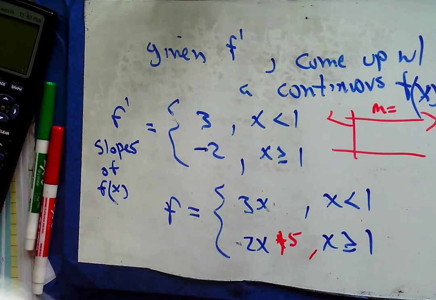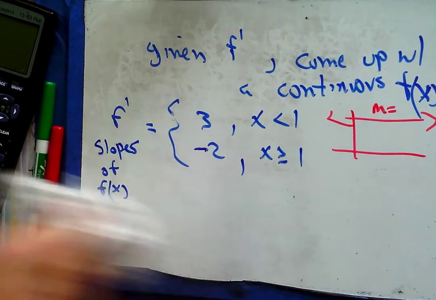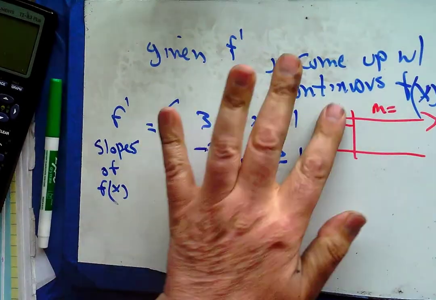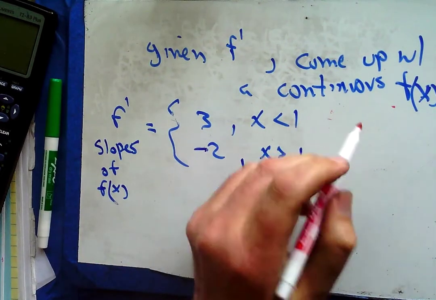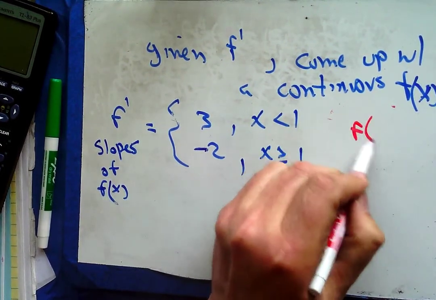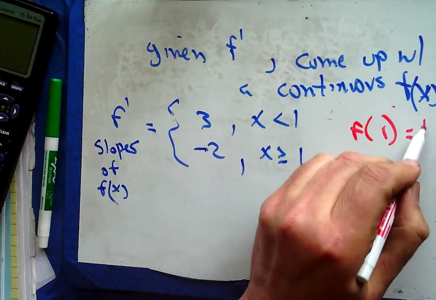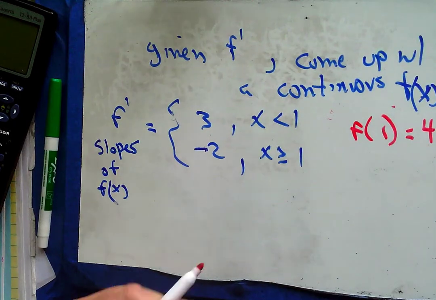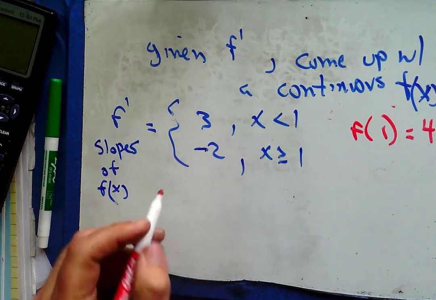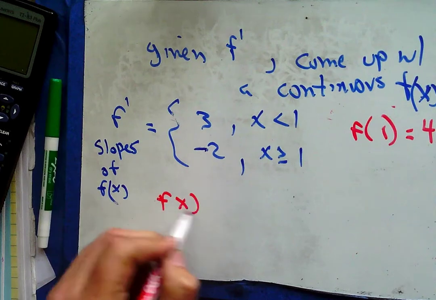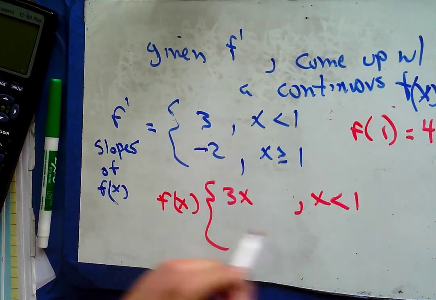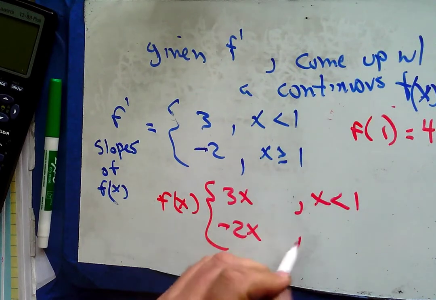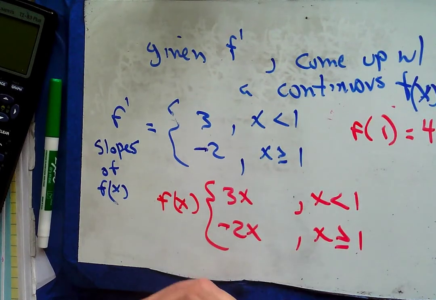Let's make this a little easier, so you don't have to guess at which one to add what to. Let's say that whatever the f of x is, f of 1 has to equal 4. Okay, so we said that f of x would be 3x for x is less than 1, and negative 2x for x is greater than or equal to 1.